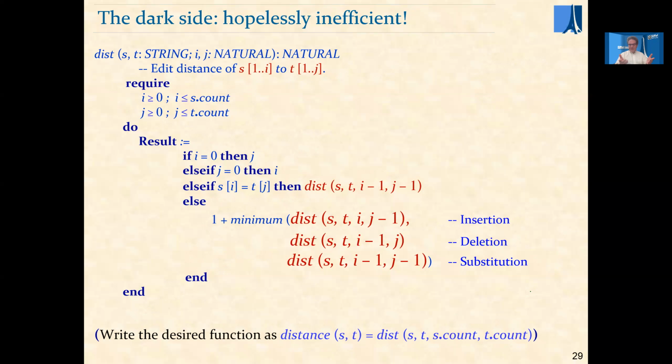Well, if you look at this code, you see that it's going to recompute the same distances between the same substrings of the source and the target again and again and again.